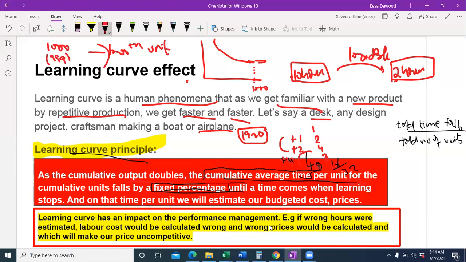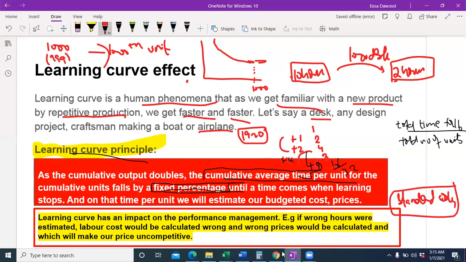And then all my planning and all standard costing would be based upon the time it will take for the 1,000th unit, not the time it took for the first unit. If I base all my planning on that, definitely I'll be doing wrong resource allocation, because it impacts the labor hours, so it impacts the labor cost as well.